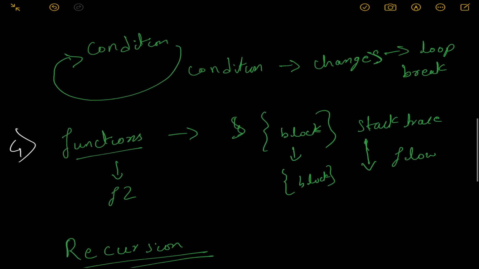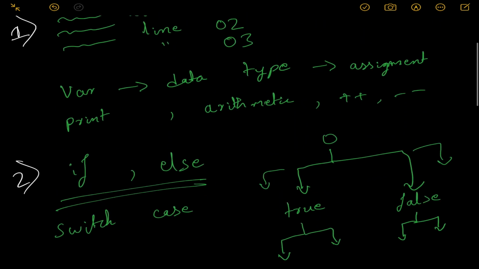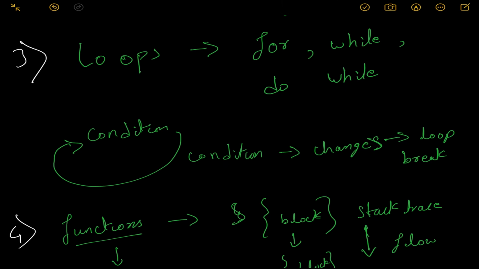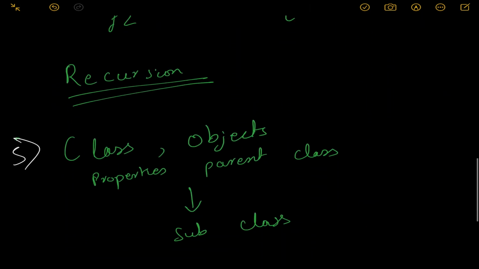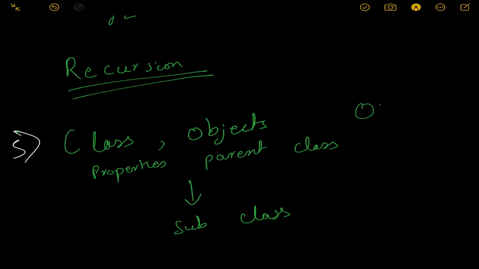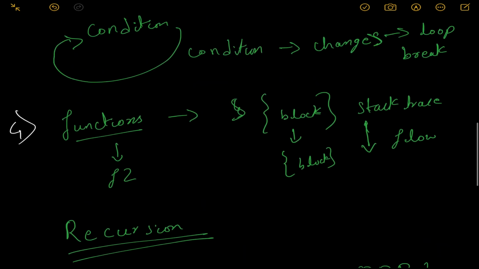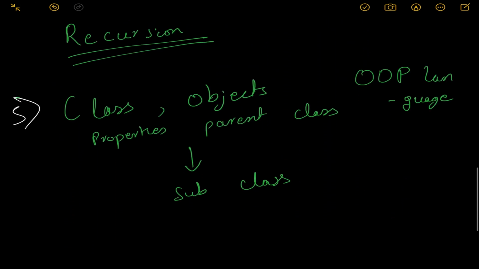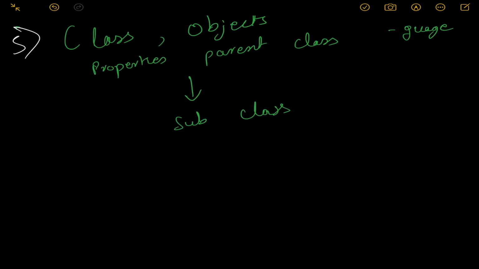So let's say these minimum 4 concepts you should definitely go through and clear out, so that when you go to the next step, which is obviously an object oriented language, you don't have to go through all these 4 concepts again, and you can easily grasp and learn the class, the objects, and the properties that are involved in object oriented programming.